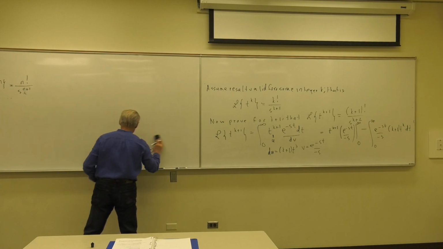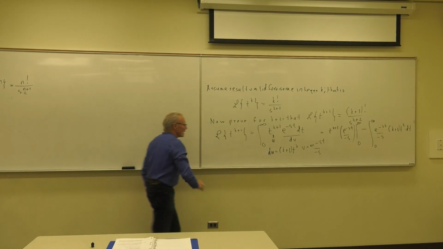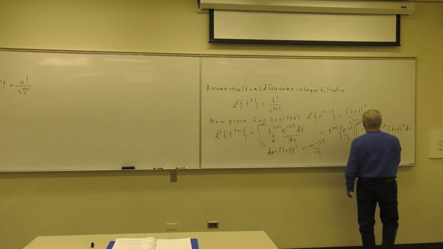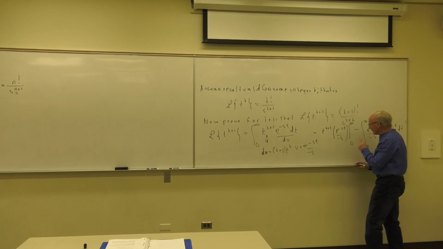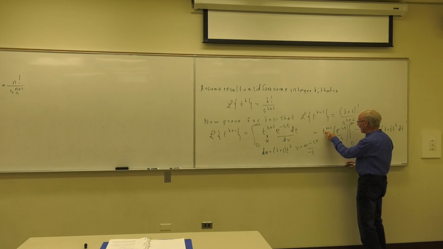If you look at the first term, I don't have any problem with this. If I put t equal to 0, it's gone. What about infinity? This one is going to infinity if s is less than 0.